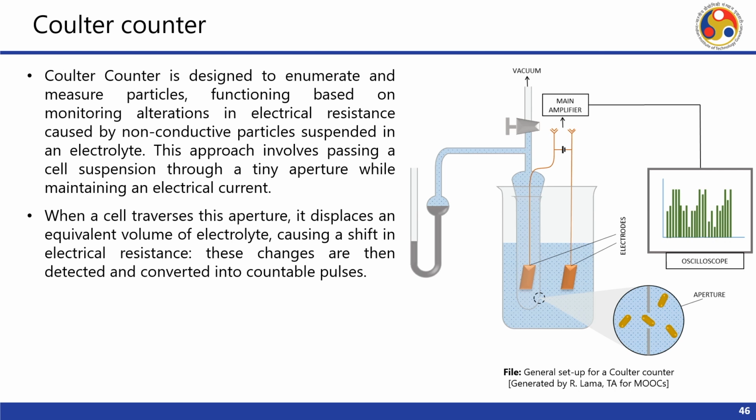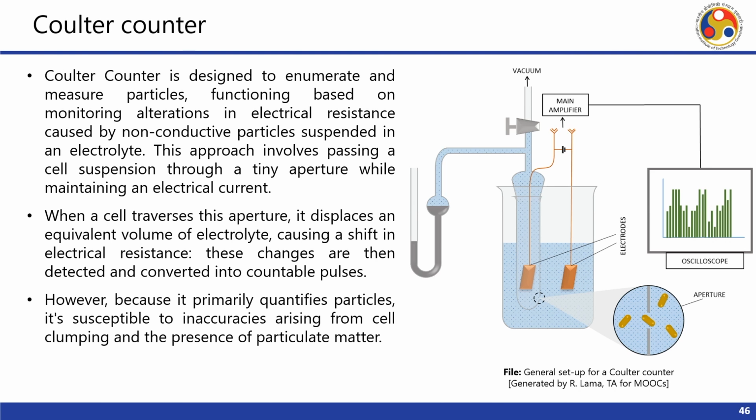pulses. So, here we can see this diagram. The cell is passing through this aperture, and then for that particular moment this space will be actually occupied by the bacteria, and the electrolyte is displaced, and that is why there is a shift in the electrical resistance. However, because it primarily quantifies particles, it is susceptible to inaccuracies arising from cell clumping and the presence of particulate matter.